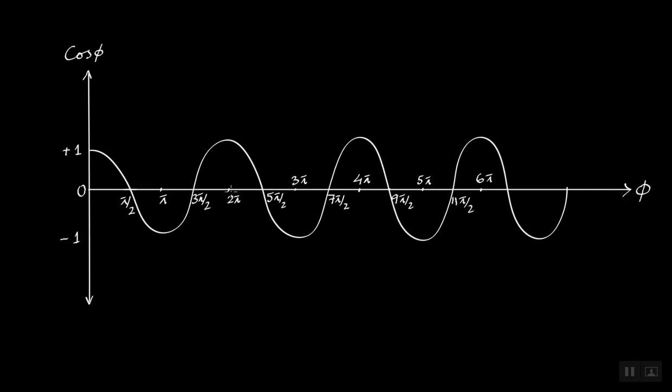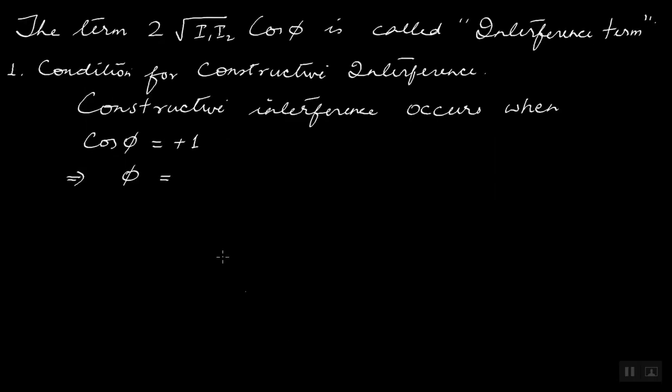And how do you write an even number? 2n. That is how you write an even number, right? So this will be 0, 2 pi, 4 pi, 6 pi, etc. So in general, you write 2n pi, where n goes from where?